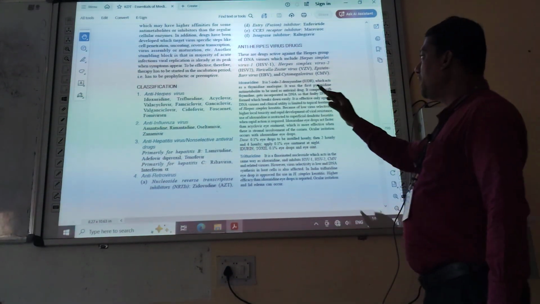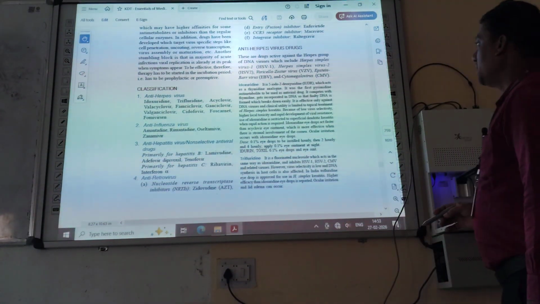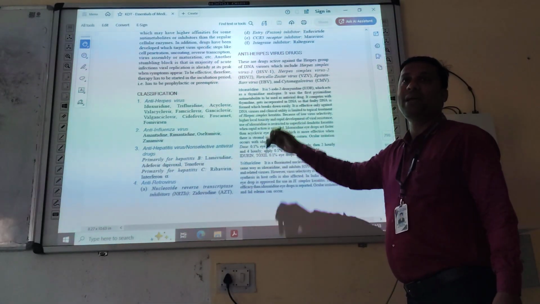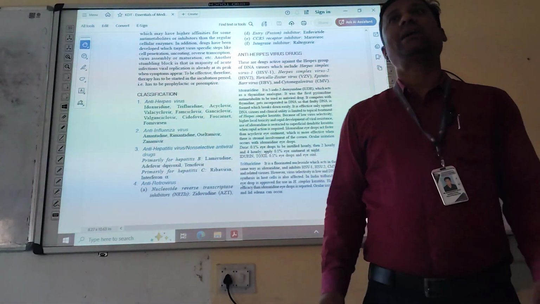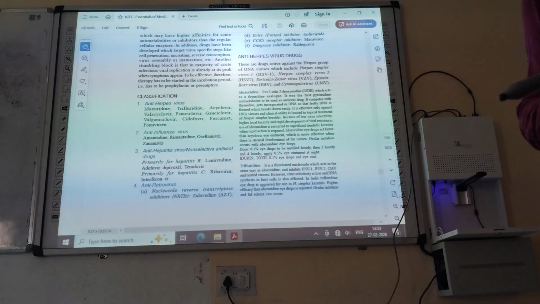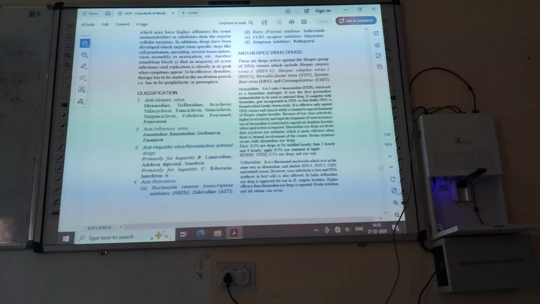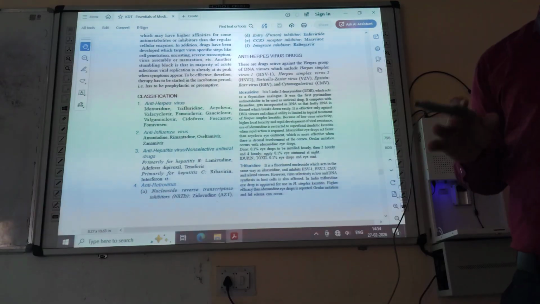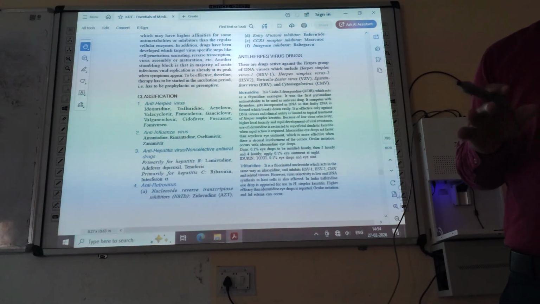But idoxuridine, what will it do? It competes with thymidine. Thymidine is a component of DNA. What are the different components of DNA? Adenine, guanine, thymine, cytosine.